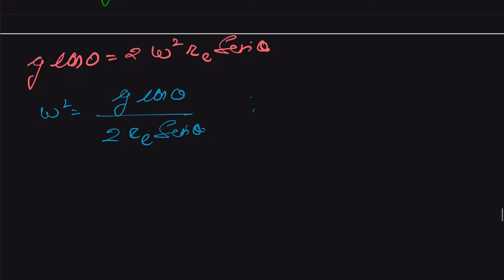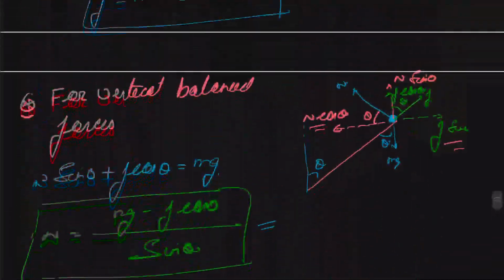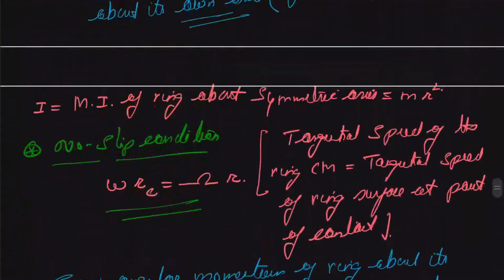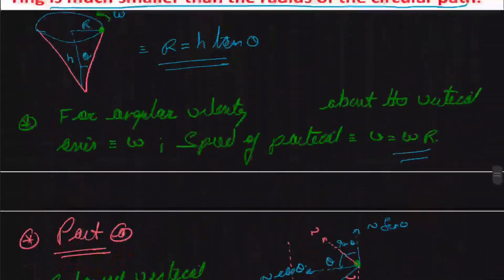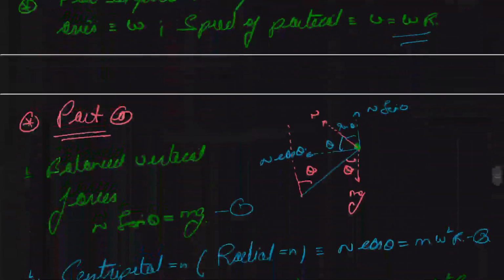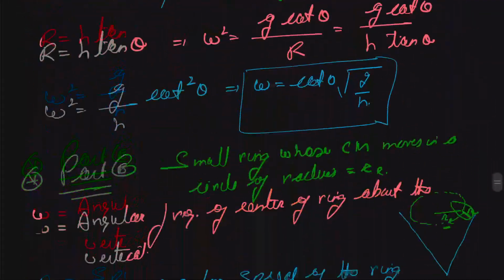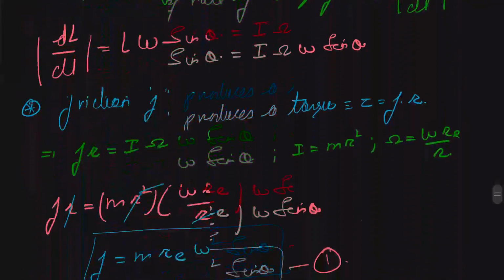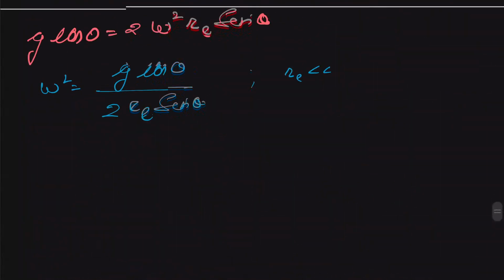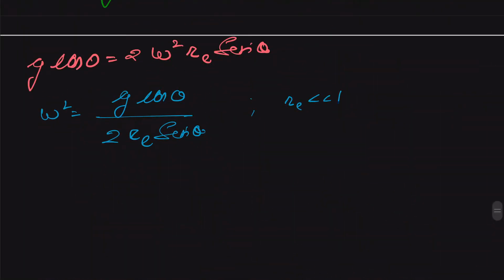In the question itself, we are given that Re is very much less than h, very much less than h tan of theta, and h tan of theta is nothing but our r. Okay. Therefore, we can straightforward say very much less than capital R, which is h tangent of theta. Okay.